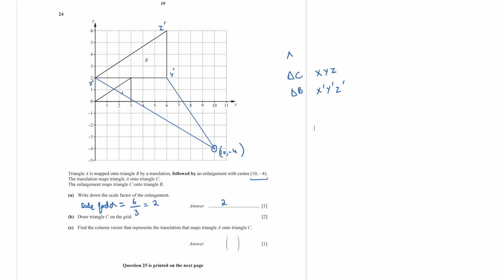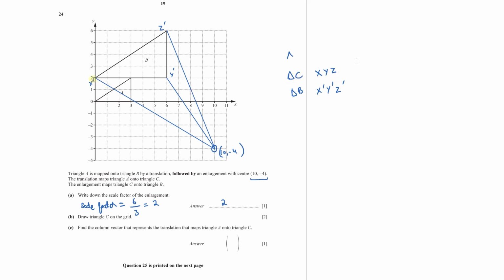Similarly for Z prime, if I connect my Z prime with my center of enlargement, you know that this line will pass through the point Z. You have studied that if you connect the image you get after enlargement, which is B here, with the center of enlargement, your lines will pass through the corresponding vertices of the original triangle, which is triangle C in this case.